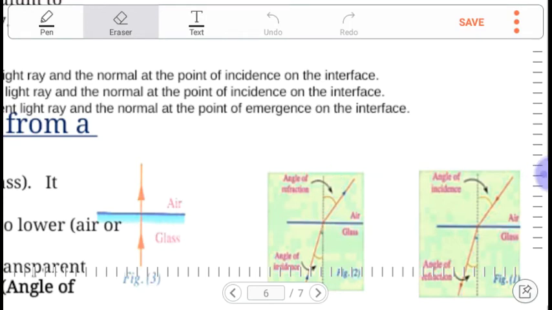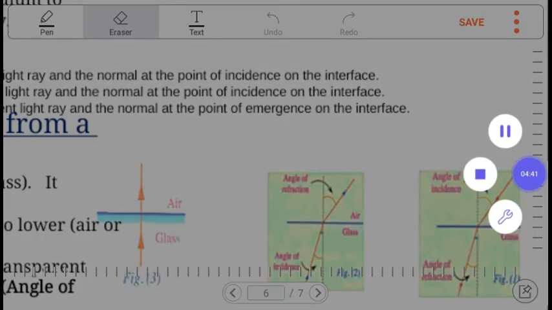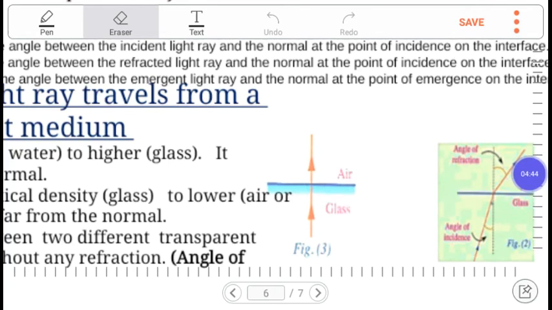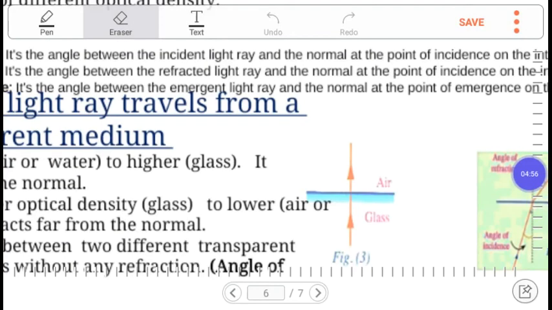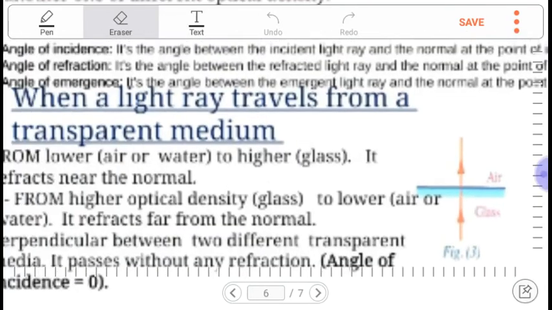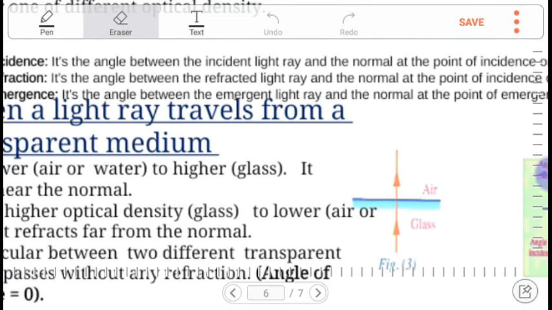So the angle of refraction is more than the angle of incidence. And in the third case, when the light ray passes from the glass to the air perpendicularly, it passes without any refraction. So the angle of incidence equals 0 and the angle of refraction equals 0.